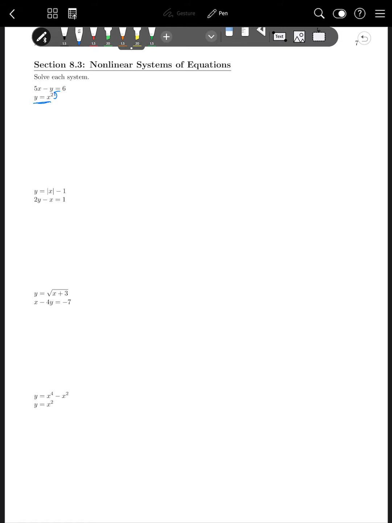That'll give me 5x minus x squared equals 6. Then we could set one side equal to 0, so I'm going to add x squared to both sides. So this is 5x equals x squared plus 6, and then I'm going to subtract 5x from both sides. So this is 0 equals x squared minus 5x plus 6.